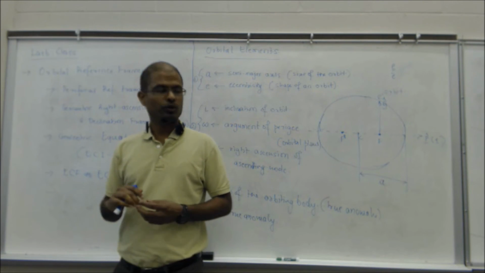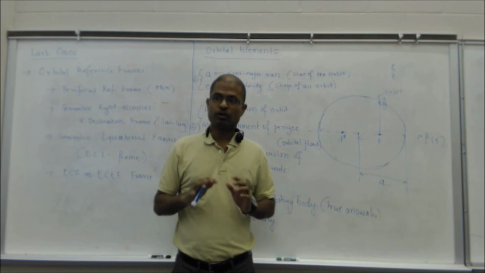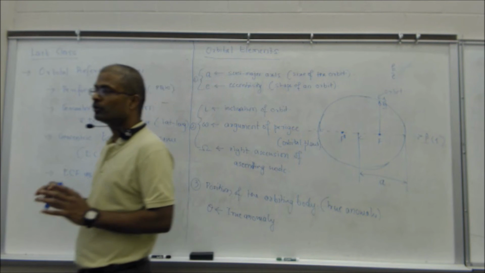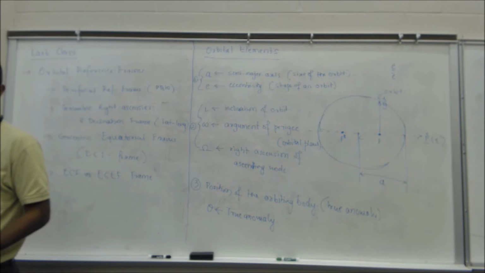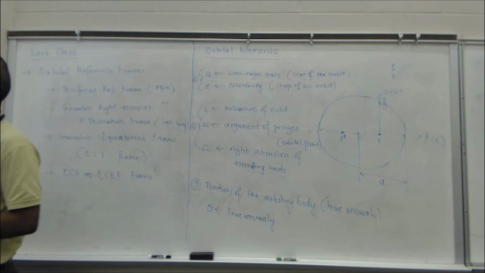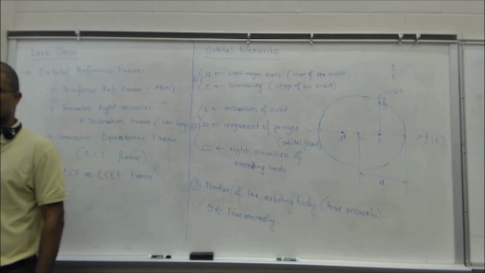So what you can measure from the ground, you're going to use to convert those measurements into orbital elements. It could be position, it could be velocity. And given an orbit, if I give you this figure without all of this, you should be able to mark those. That will be one of your exercises.